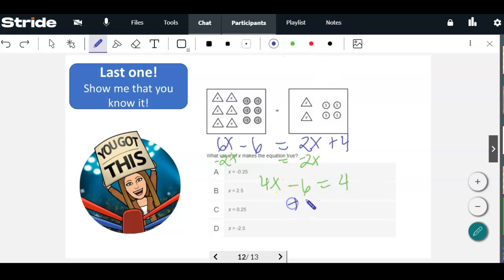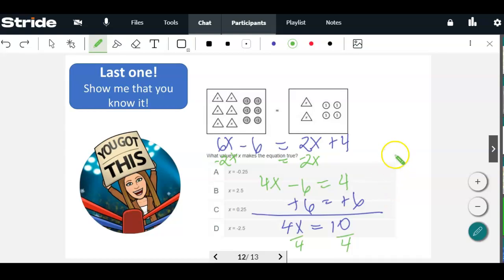Now we add 6 to both sides, and we get 4x is equal to 10 divided by 4, and we get 10/4.